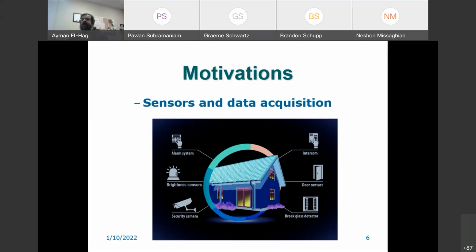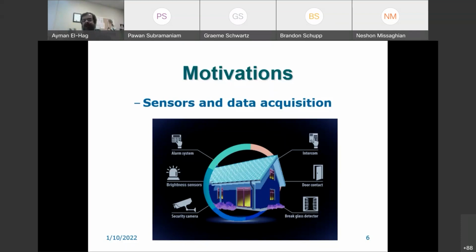You can, for example, control your thermostat, the temperature of the house. You can do that remotely. You can turn your fire alarm system on or off. You can monitor your load consumption inside your house. You can switch appliances remotely through your phone. So in all of these things, the main building block is the sensor.